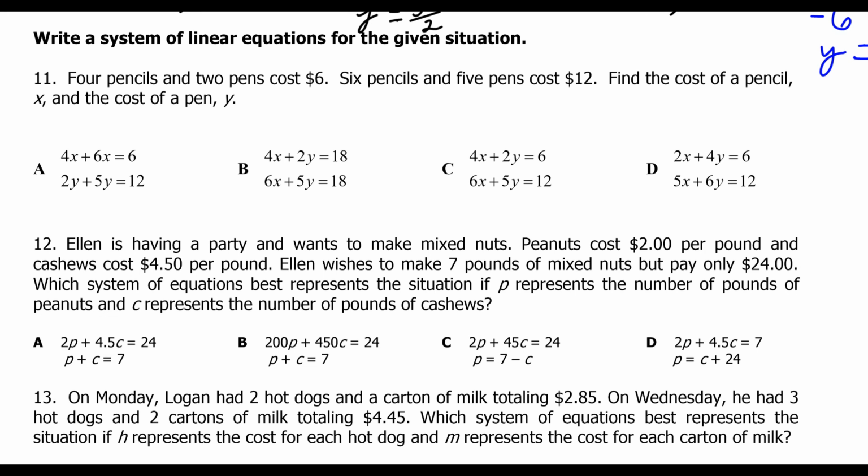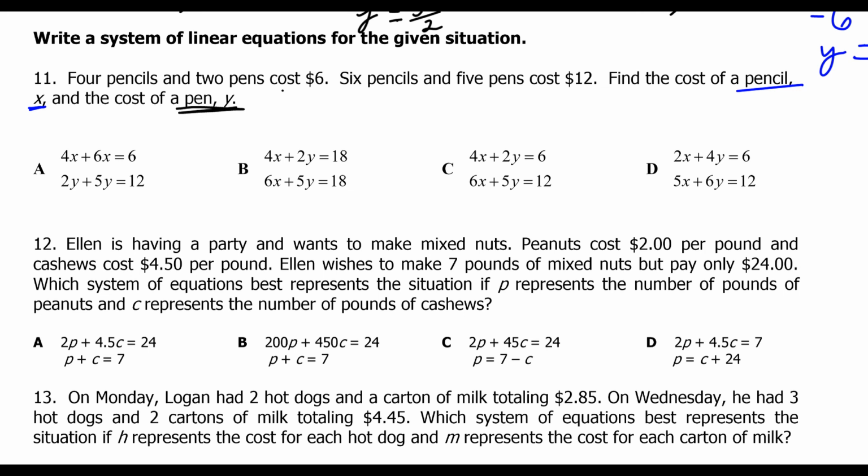So 4 pencils and 2 pens. We're going to make sure to label pencils. We need to make sure to underline this. Pencils are going to be X. Pens are Y. So what we have to do here is say 4 pencils, which is going to be 4X, and then 2Y for 2 pens.